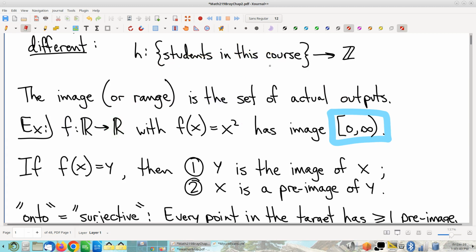What I've defined here to be image is the image of a function. I'm going to now talk about a slightly different usage of the word image.